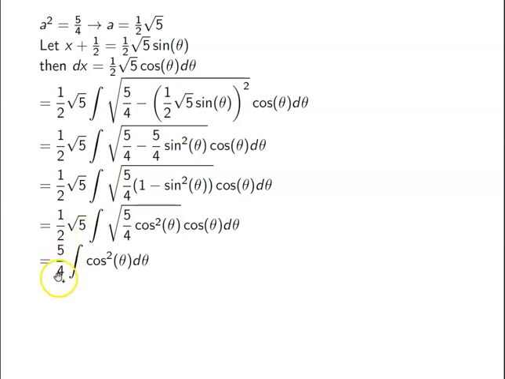Okay, 5/4 on the outside. The square root of cosine squared is cosine times this other cosine gives me cosine squared. Here I use the half angle identity. 1/2 times 1 plus cosine of 2 theta. Okay, so that 1/2 comes in also, so this turns into 5/8.